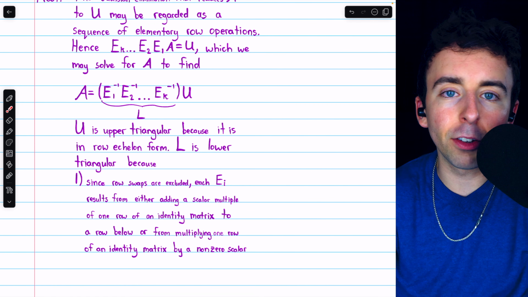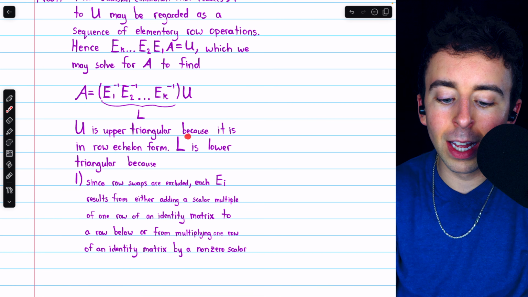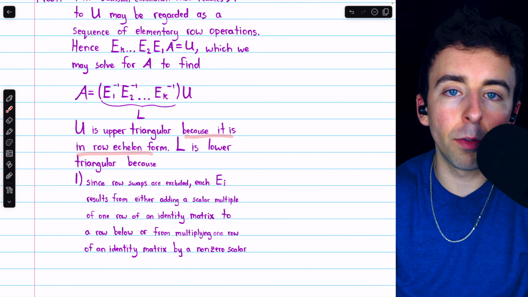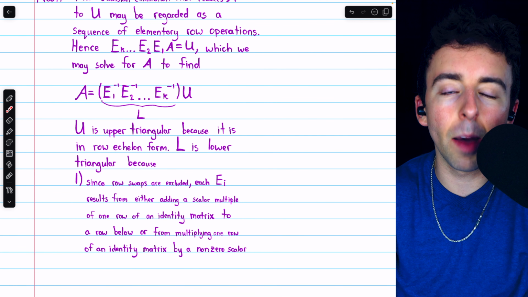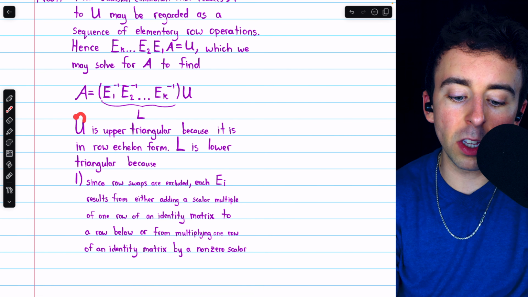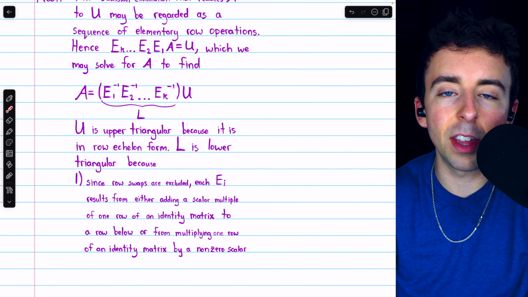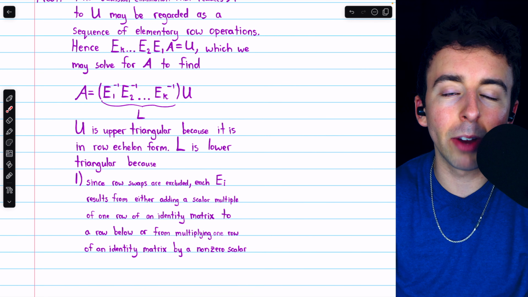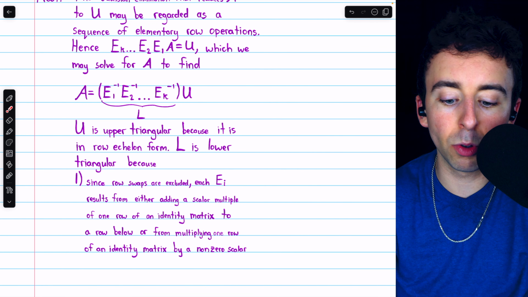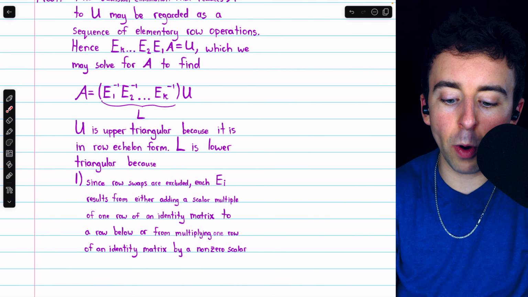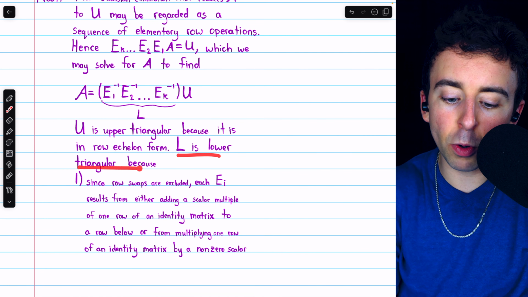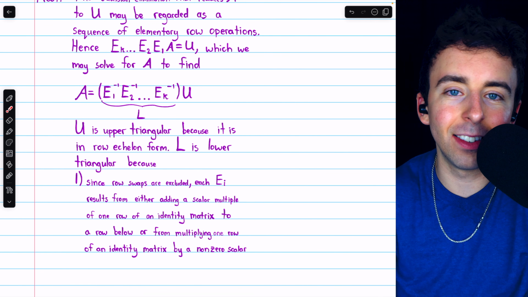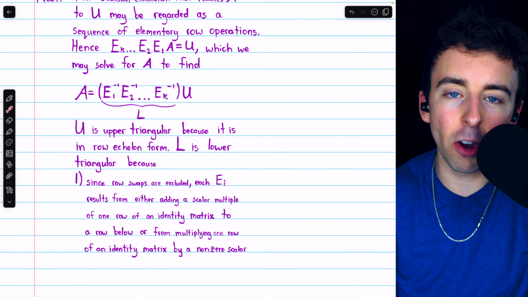We pretty much already explained why U is upper triangular. That's because it's in row echelon form, which by definition is an upper triangular matrix. Remember, U just comes from the hypothesis of the theorem that A can be reduced to row echelon form specifically without swapping rows. So U is upper triangular, and L is lower triangular for a more complicated sequence of reasoning, but let's go through it.